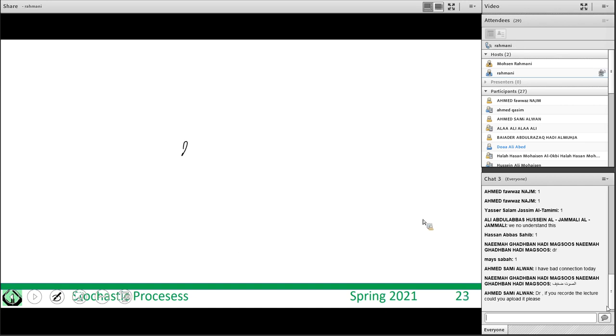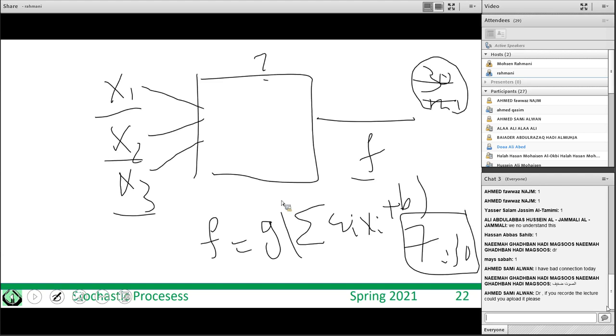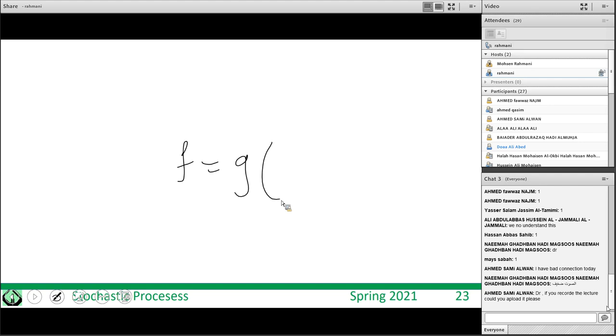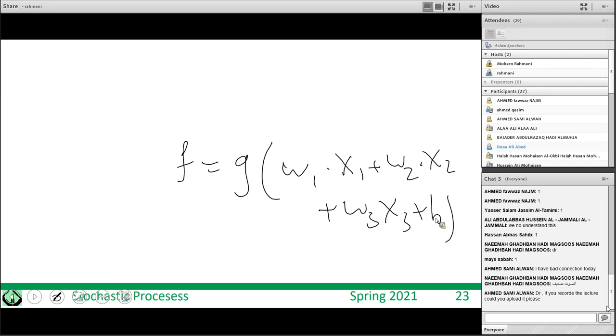It means w1 times x1 plus w2 times x2 plus w3 times x3 plus b.